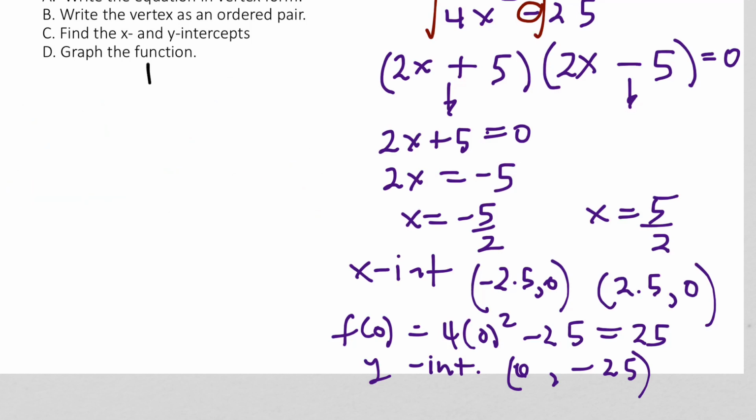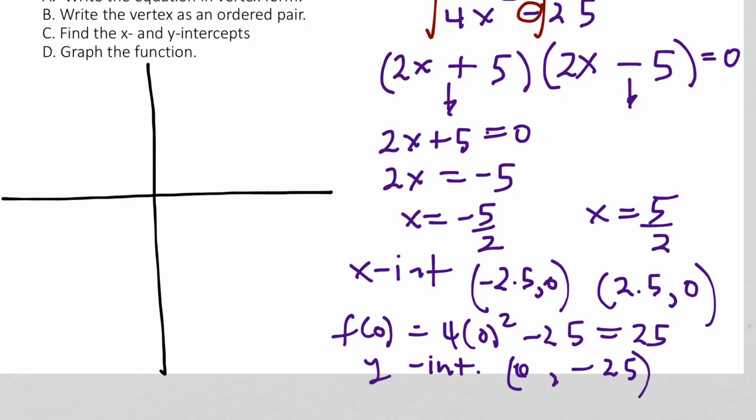As you've probably realized, this quadratic is symmetric with respect to the y-axis. So my y-intercept is also the vertex. Okay, and then I've got 2.5 for this x-intercept and negative 2.5 for that one.